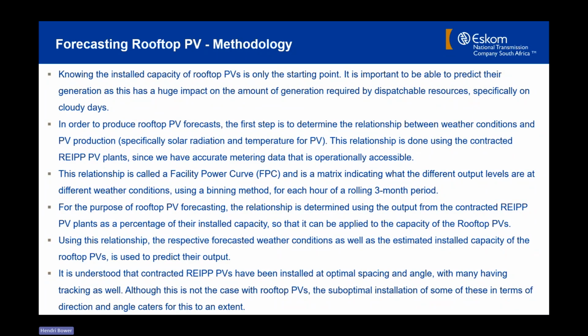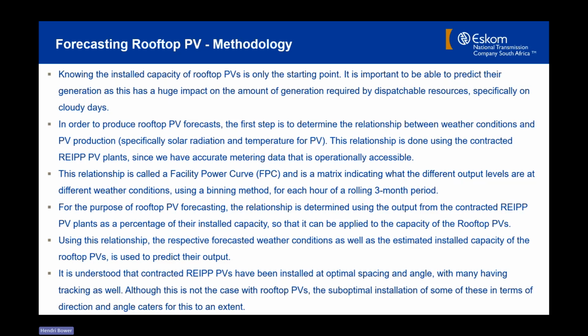But it actually gives the benefit that, because not all of them are angled perfectly, some of the installations extract energy from the sun at different periods of the day. So even though there's no tracking for your rooftop PVs most of the time, they do maximize the energy to a large extent, because not all of them have been installed in an optimal direction or even angle.